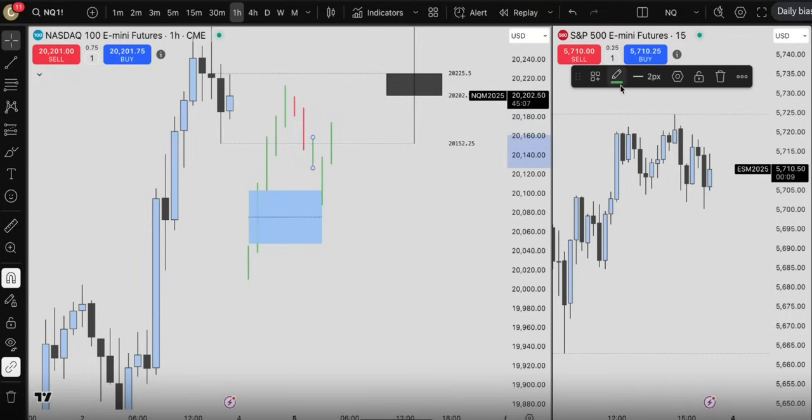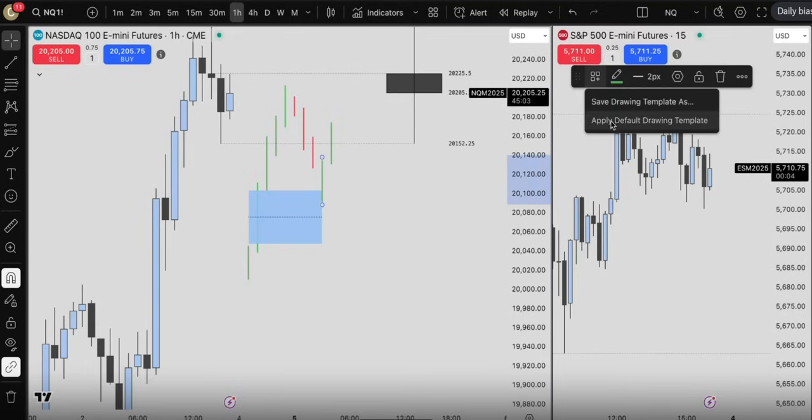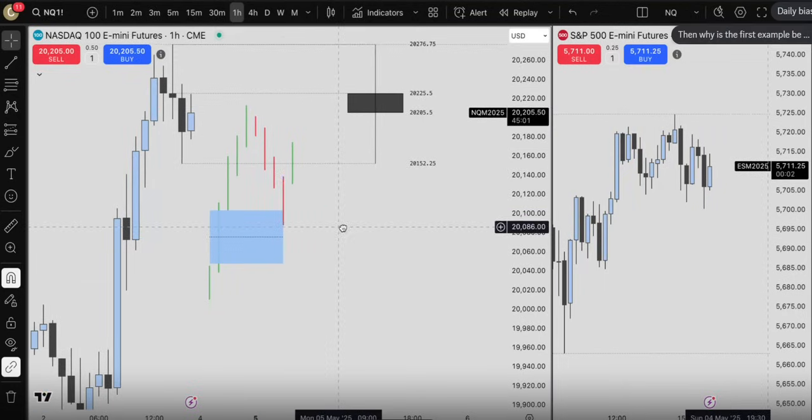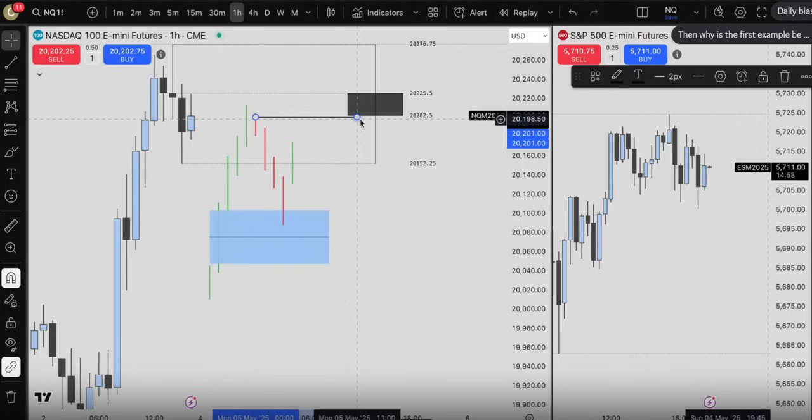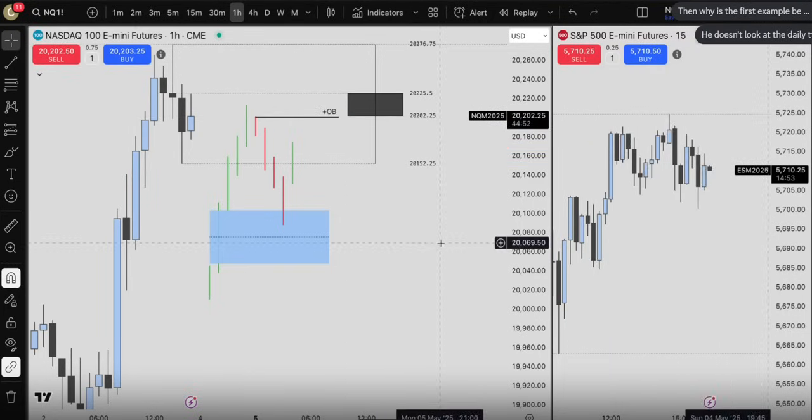These are all down close candles. And guess what? Okay, right here. Guys, would that be considered an order block? Would that be considered an order block right there?